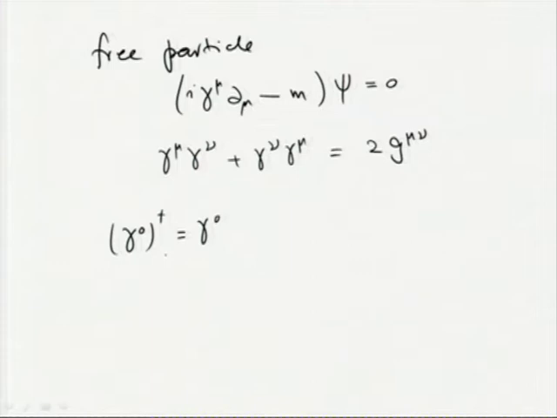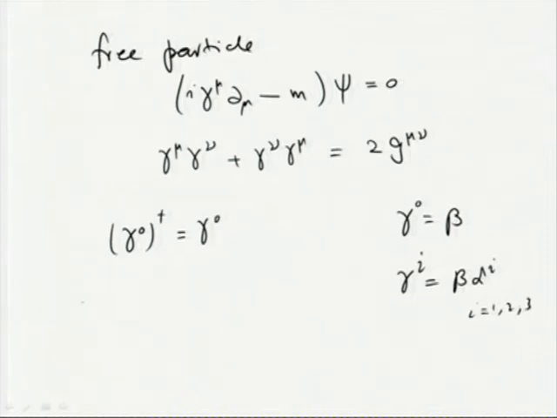We have seen that γ^0 is equal to β. You remember our original form of the Dirac equation in terms of β and α, and γ^i is β α_i, where i now runs from 1 to 3.